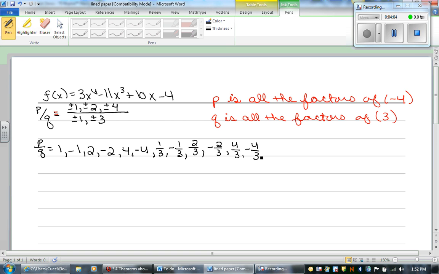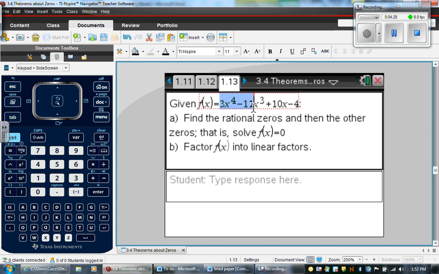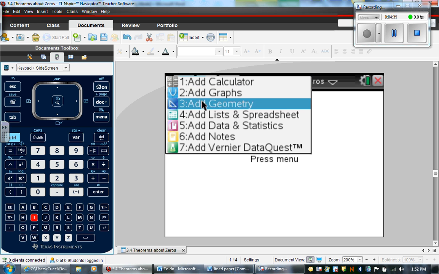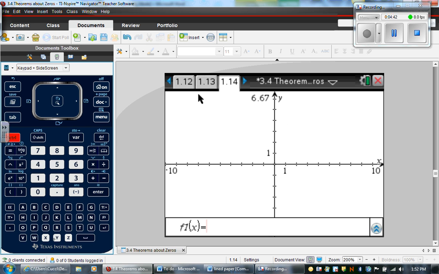So now what we need to do is narrow it down. The way we're going to narrow it down is to graph the function so we have a better general idea of which zeros to check, because I don't want to check every single one of these. That's going to be a lot of work. So we're going to hop over to my calculator, add a graph page, and graph the function.